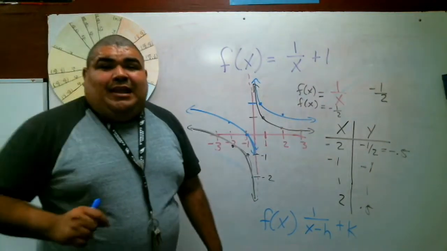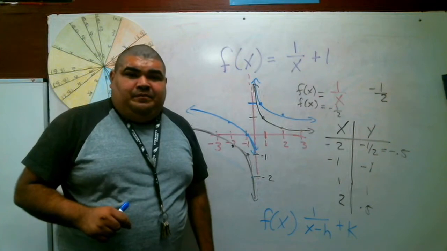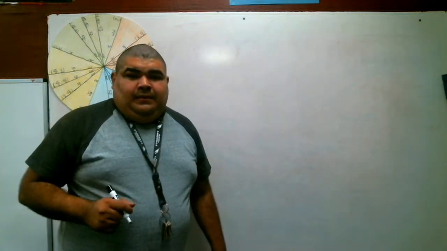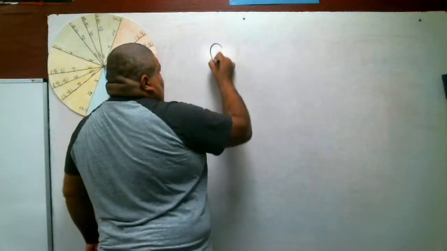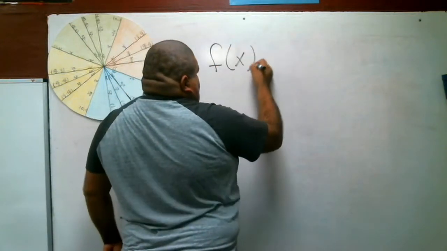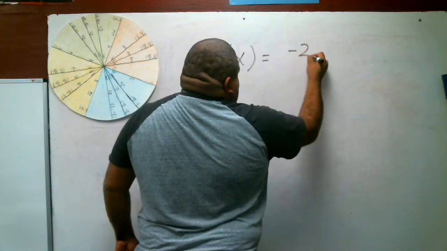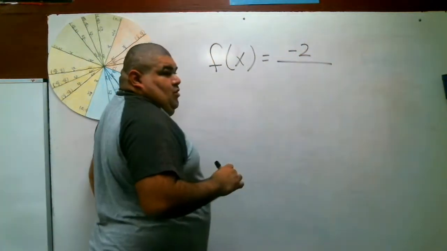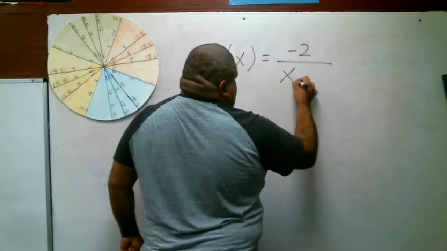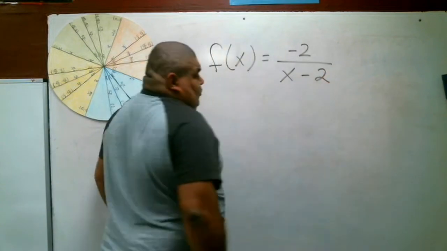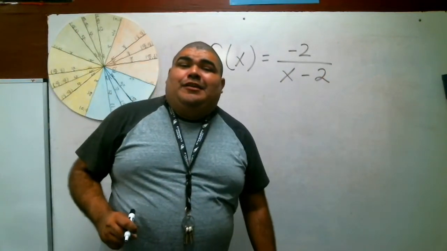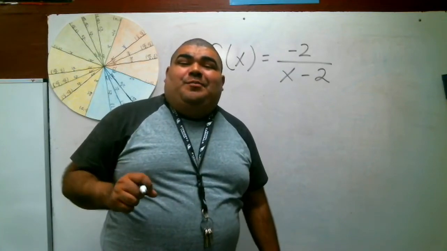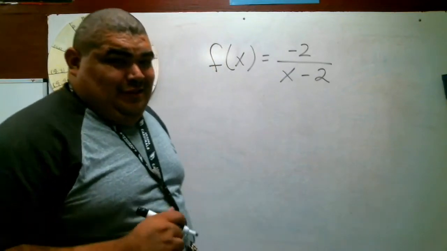So here is your assignment for today. All right, guys, your assignment for today is, you have f of x = -2/(x - 2). Okay, hint, hint. Is it H? Is it K? Are we shifting left, right, up, and down? Okay, hint, hint.